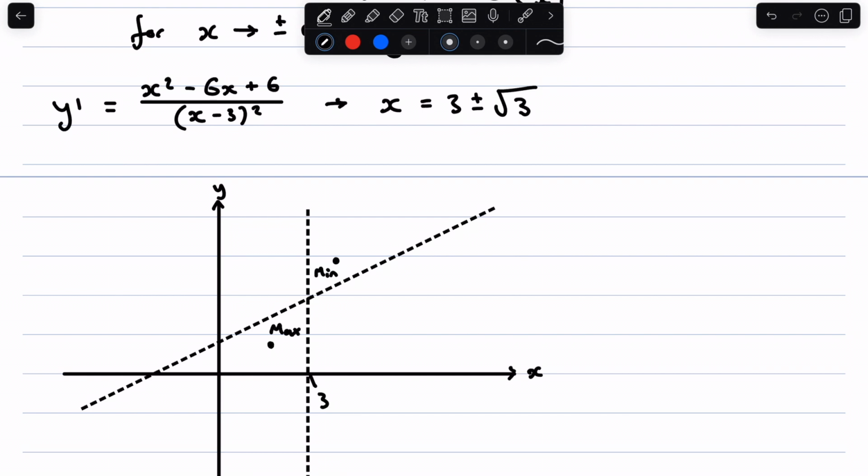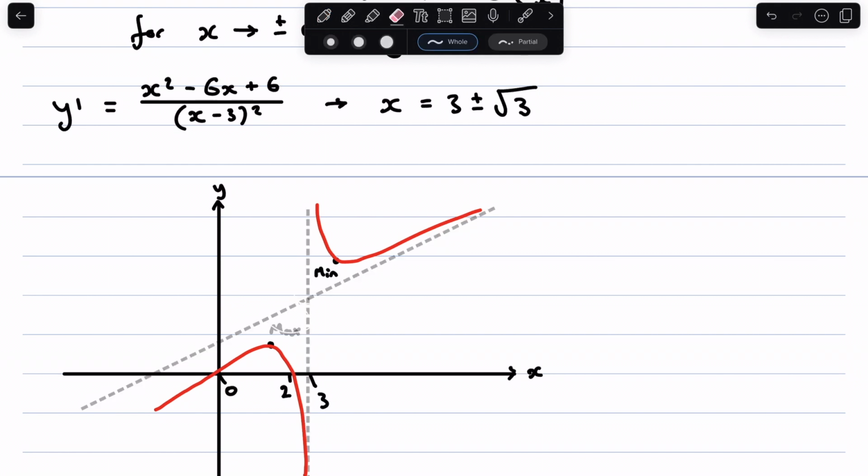And the last bit of information we found is that for when y equals 0, it goes through (0, 0) and (2, 0). So when we wish to draw it, it can really only follow this shape, where it comes up and down through 2, that wasn't exactly right, and then like this. And that would be the shape of our graph if we got rid of all these lines that helped us draw it. It would end up looking like this.